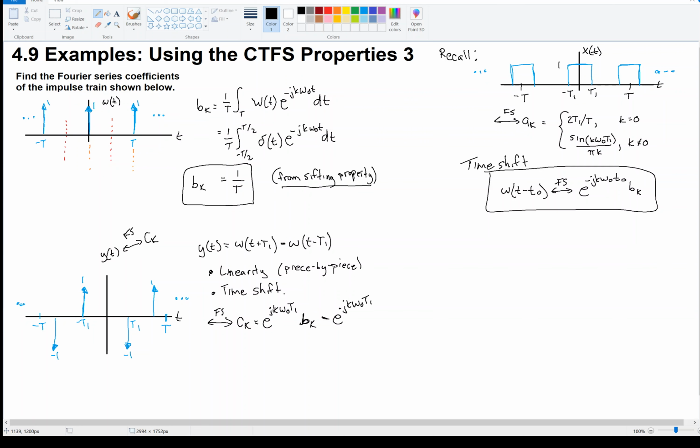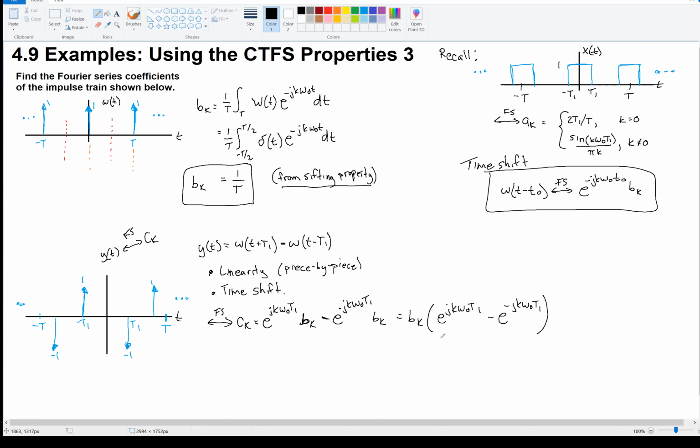Here it was positive because I was actually negating a t1, times the bk's. Okay, so what can I do with this? Well, I can factor out the bk's, and I've got e to the jk omega 0 t1 minus e to the minus jk omega 0 t1.